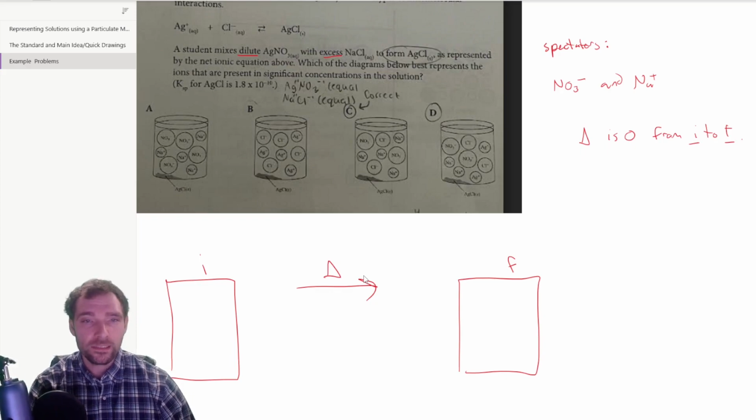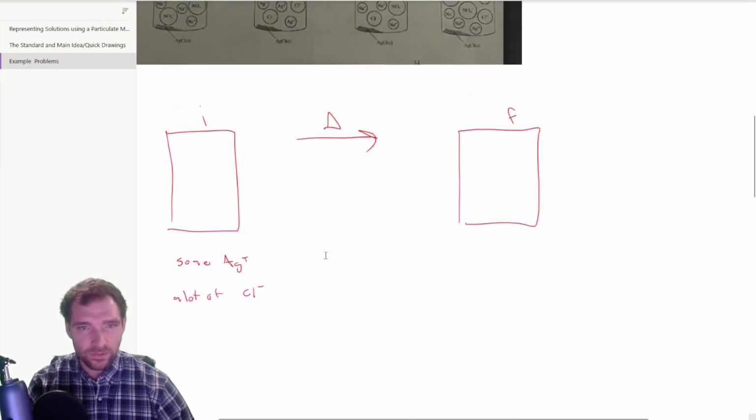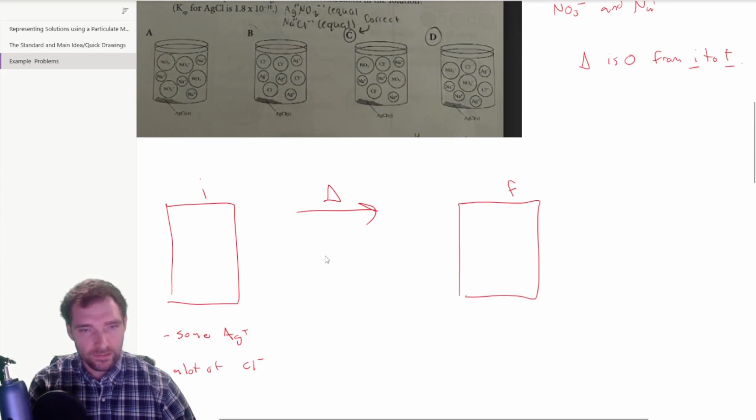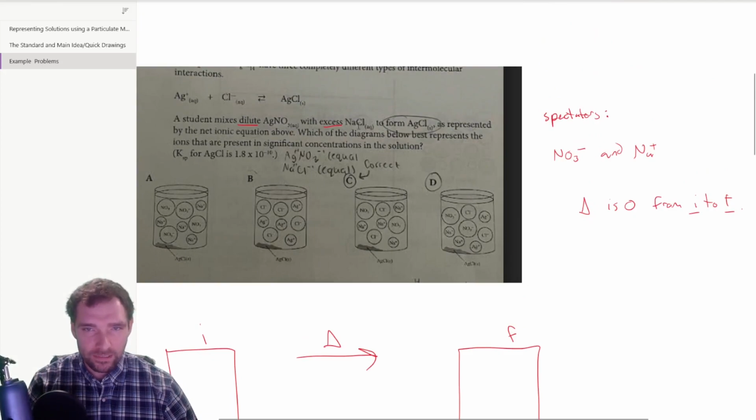So if we look at this problem, the first thing that I notice is that there's dilute AgNO3. So we could say that this is some Ag plus and a lot of Cl minus. I need to give myself a little more space here as well. So we've got some Ag plus and a lot of Cl minus, due to the fact that we've got a lot of that Cl minus there.